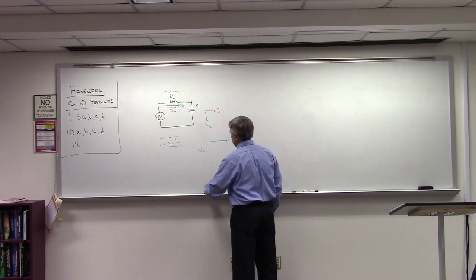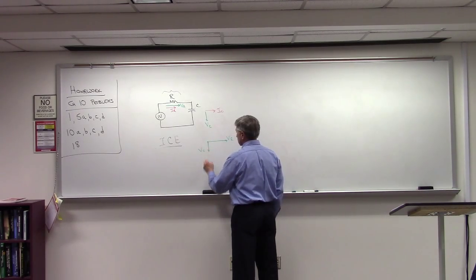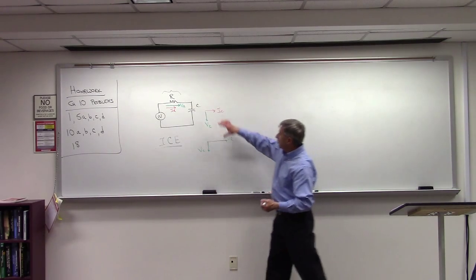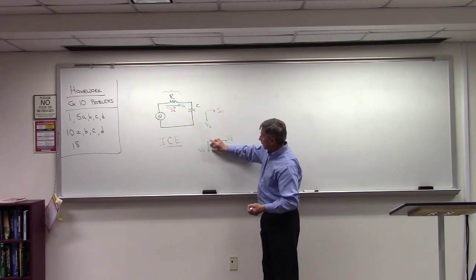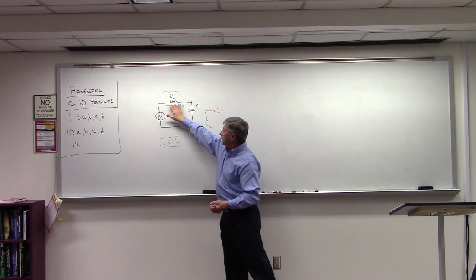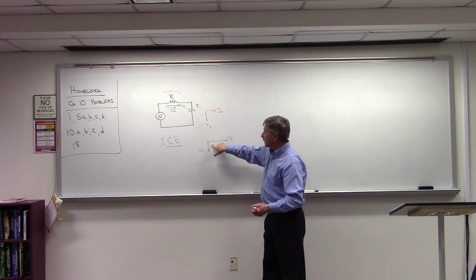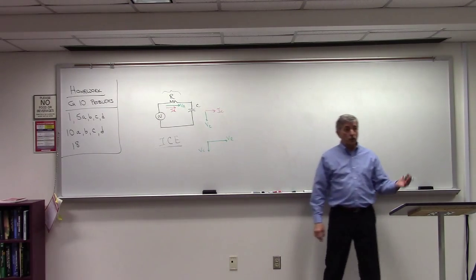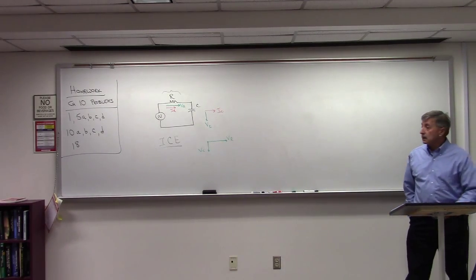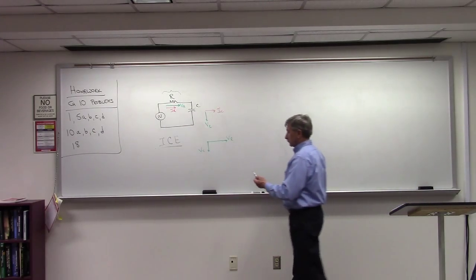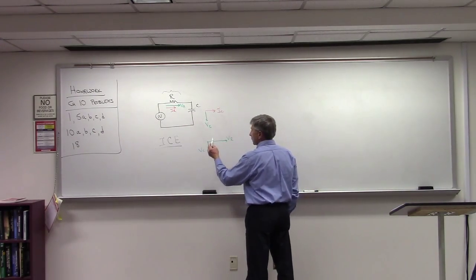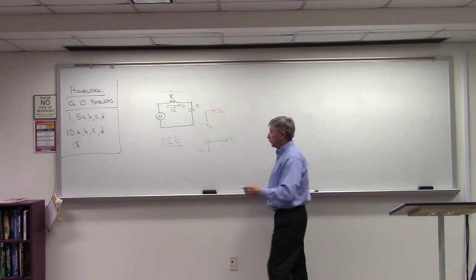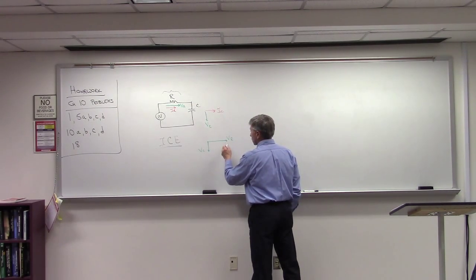So all I'm doing is taking this vector, putting it down here, taking the VR, the green VR, putting it there. So the total voltage in that circuit is the vector sum of those two phasors, of those two vectors.